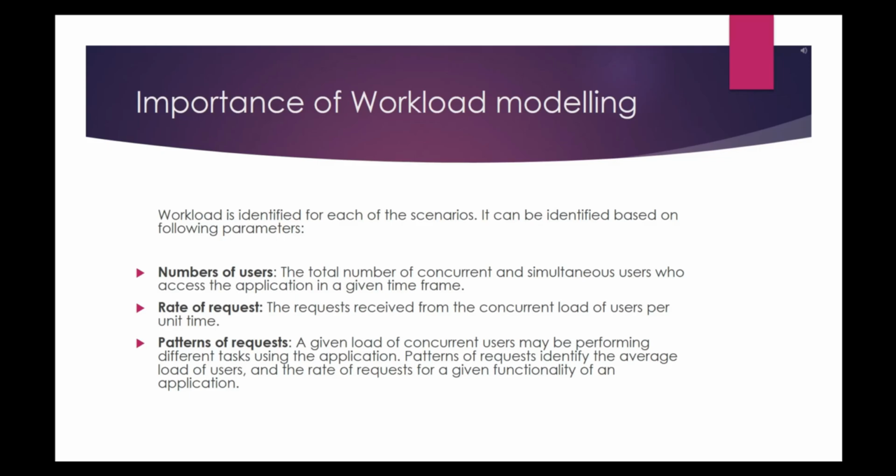The request received from the concurrent load of users per unit time. Pattern of the request. A given load of concurrent users may be performing different tasks using the application. Patterns of request identify the average load of users and the rate of request for a given functionality of an application.